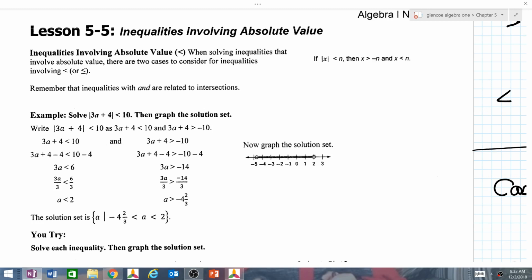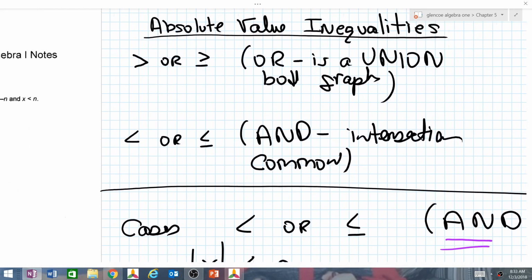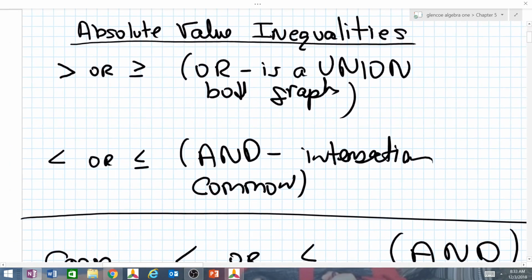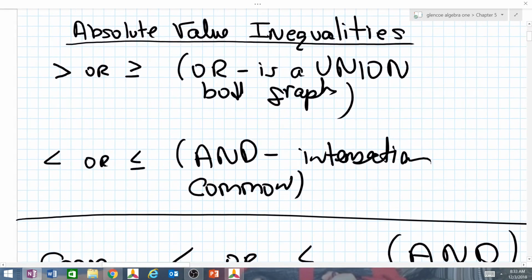All right, so here we go. Absolute value inequalities. So this you may want to add in your notes. If the symbol in the original inequality is greater than or greater than or equal to, we are going to treat it as an OR.